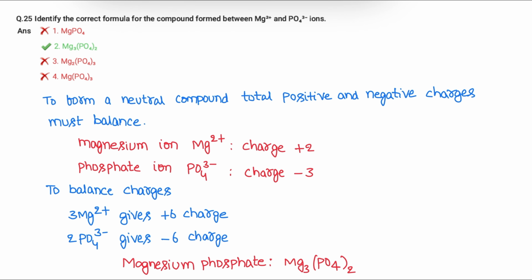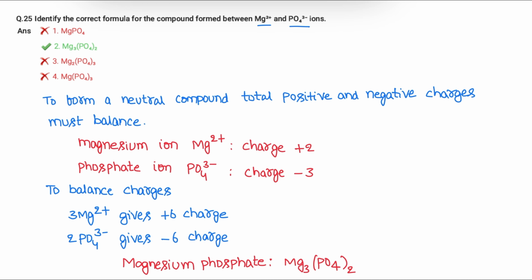Question number 25. Identify the correct formula for compound formed with Mg2+ and PO4 3- ions. To form a neutral compound, total positive and negative charges must balance. The magnesium ion Mg having charge plus 2 and phosphate ion having charge minus 3.